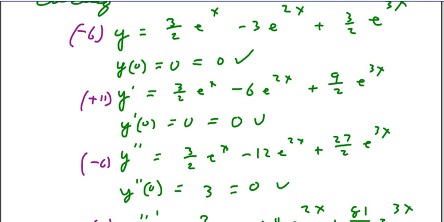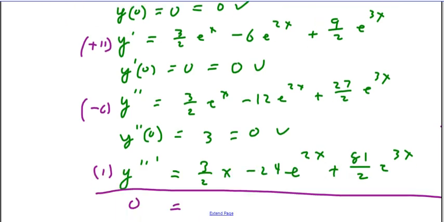Okay, so minus 6 times 3 over 2 plus 11 times 3 over 2 minus 6 times 3 over 2, and what's the last guy? Plus 3 over 2 equals 0. Okay, so the first row is 0.